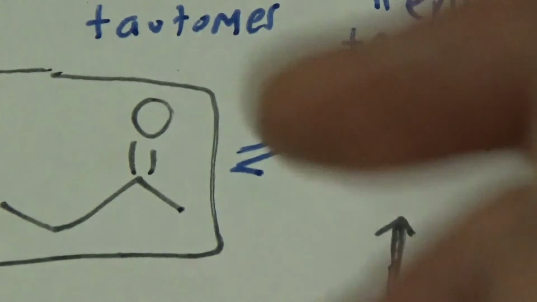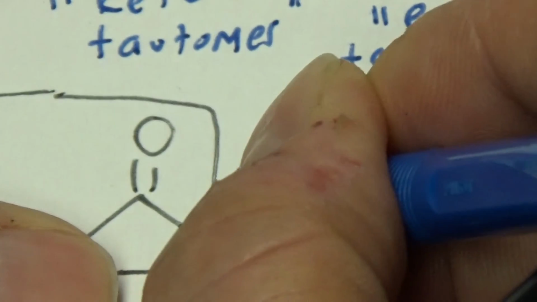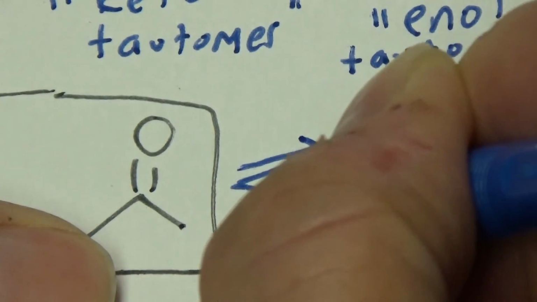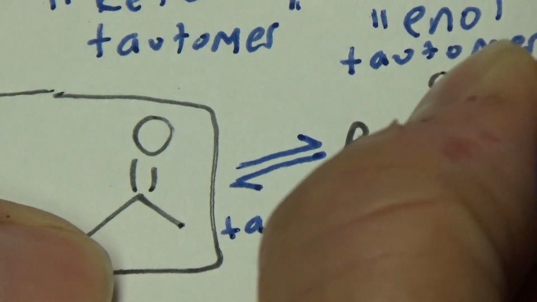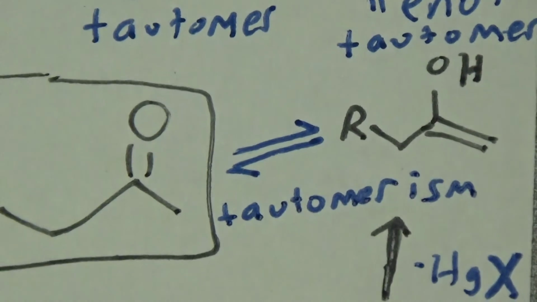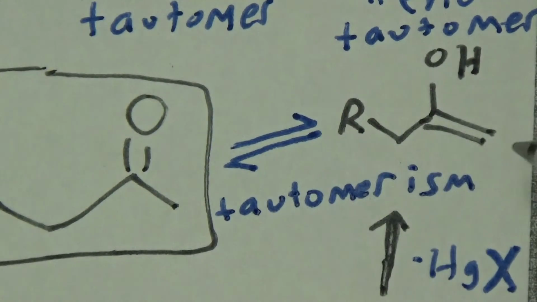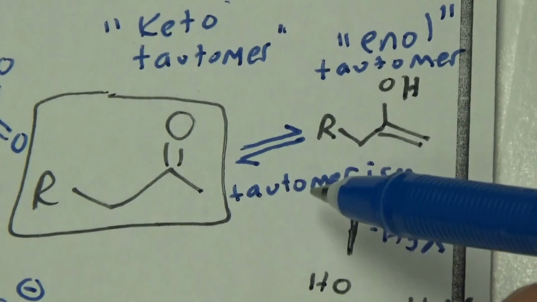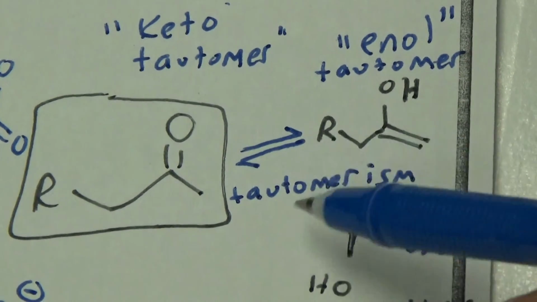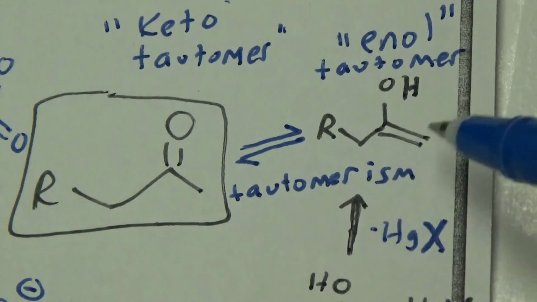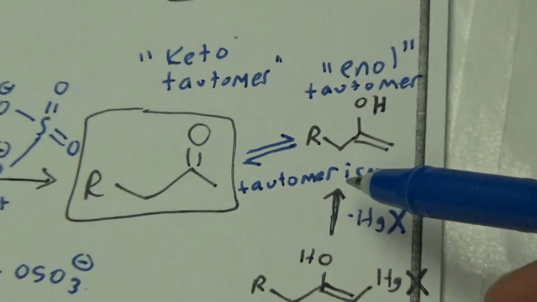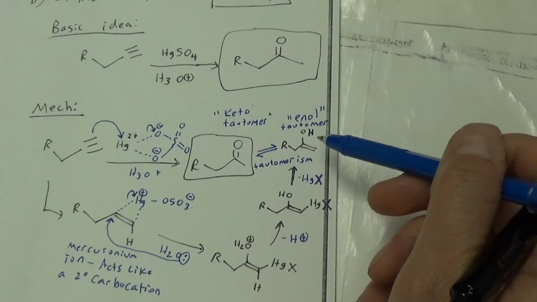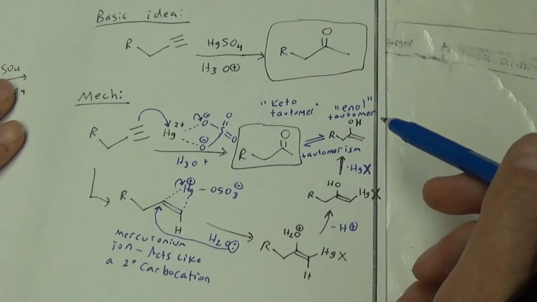Tautomerism is the name of this equilibrium. It's keto-enol tautomerism, and it's actually a very simple mechanism, but we just don't explain it until a couple chapters from now. Anyway, that is the overall process.